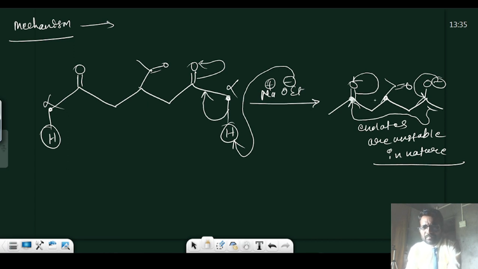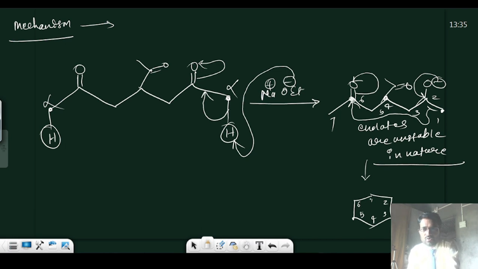So how many carbons are involved in this particular substrate? This is first carbon, second carbon, third carbon, fourth carbon, fifth carbon, sixth carbon, seventh carbon. That means a six membered ring is generated over here. So I will write six membered ring. So this is first, second, third, fourth, fifth, and sixth carbon.